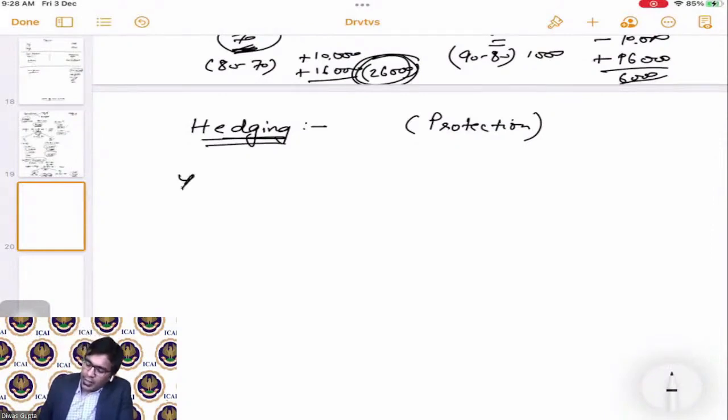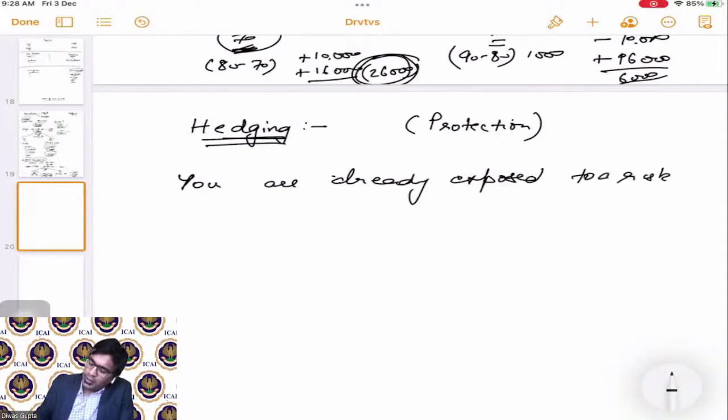You are already exposed to a risk, and you have to hedge against that risk. Hedge means protect against that risk.